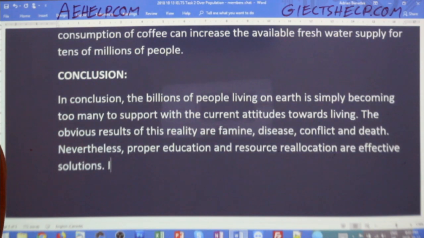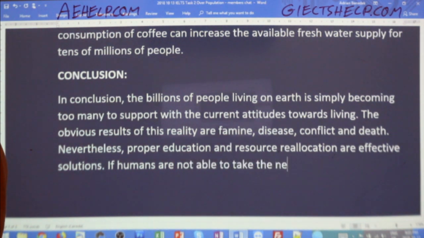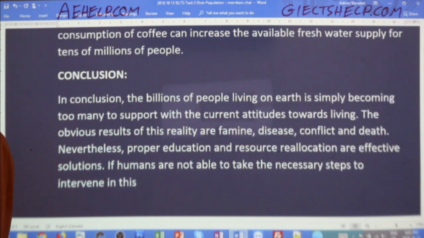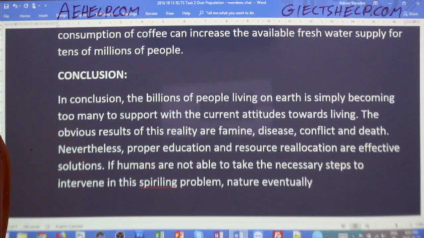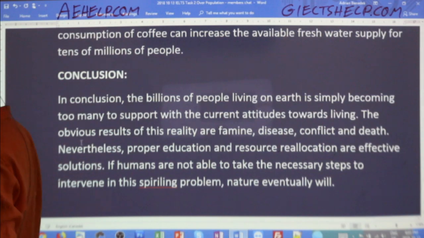Take-home message: if humans are not able to take the necessary steps to solve or to intervene in this spiraling problem, nature eventually will. Okay?